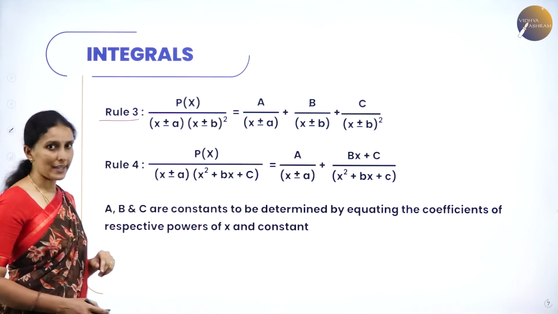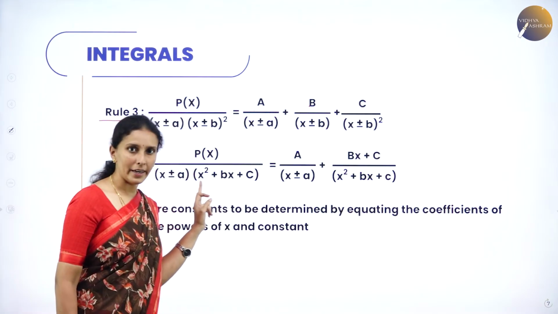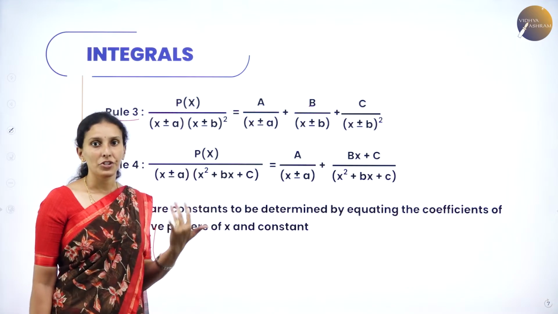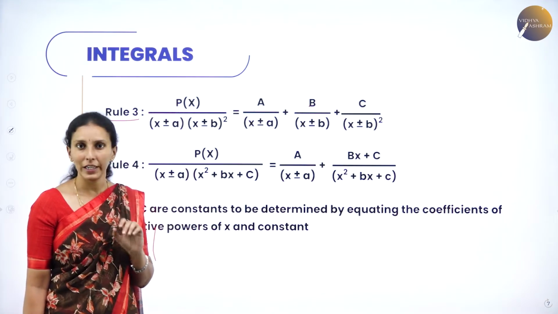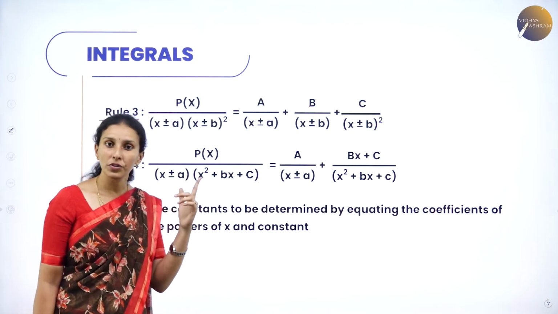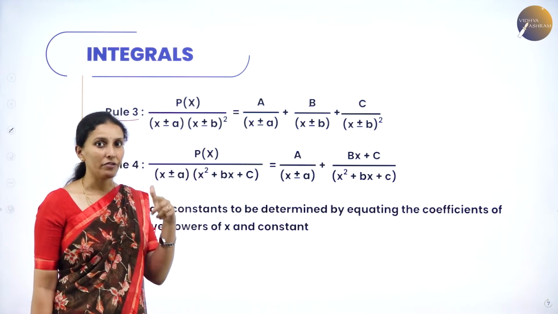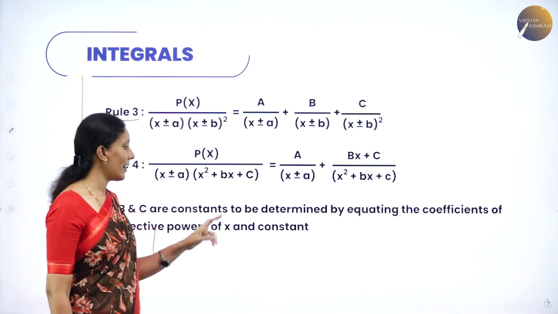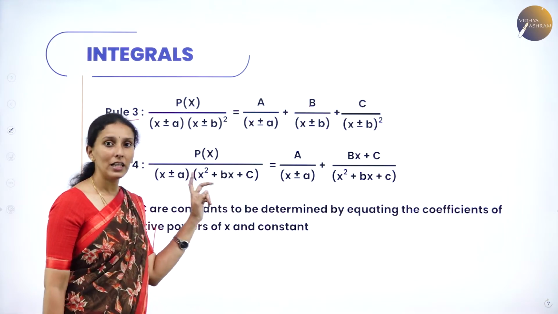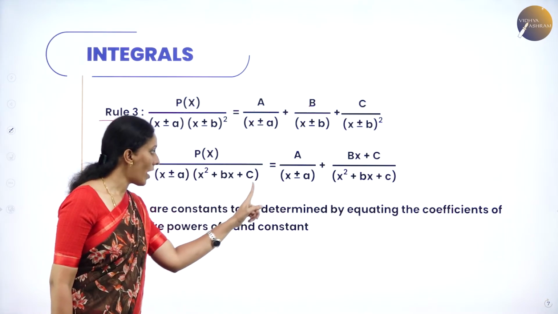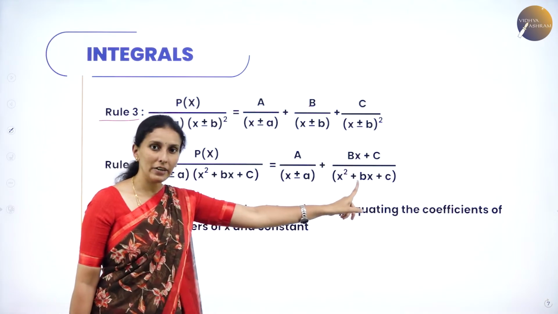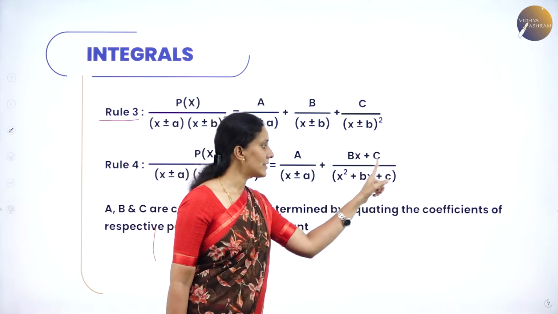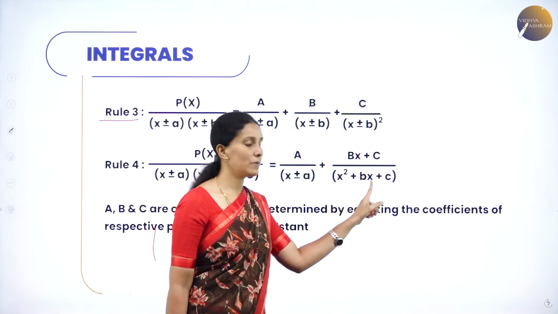Next, rule 4 says that whenever you can't write it as factors because some quadratic equation cannot be simplified into linear factors, which we also saw in our previous session, we made them perfect squares and then converted. So in that case, when it is not written in linear factors, write the quadratic as the second proper fraction in the form of bx plus c divided by x square plus bx plus c.